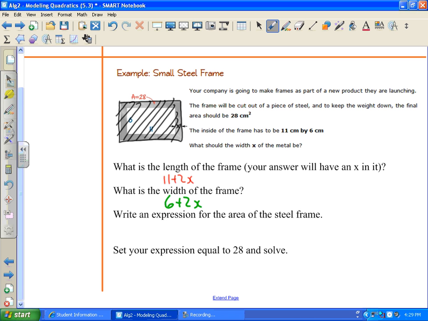That's the area of that whole frame. So I'm going to write area equals length times width, which equals length, 11 plus 2x, times 6 plus 2x.